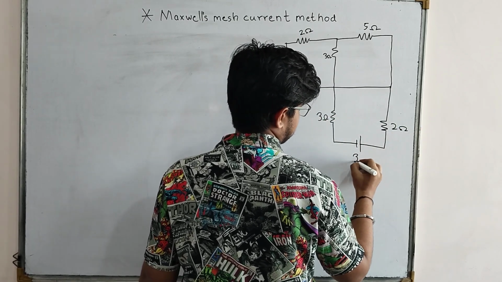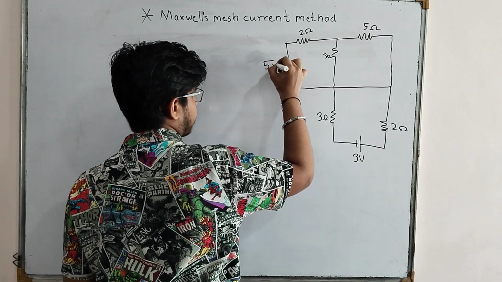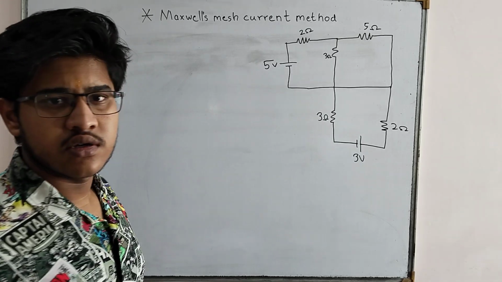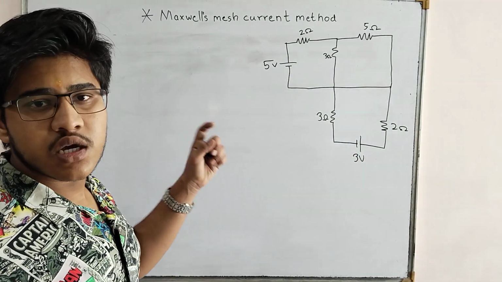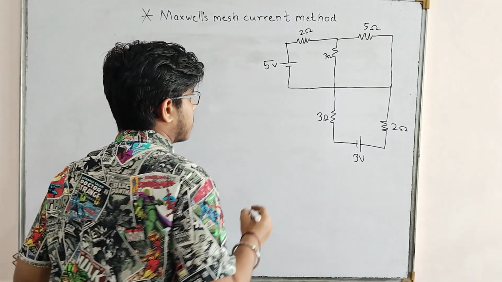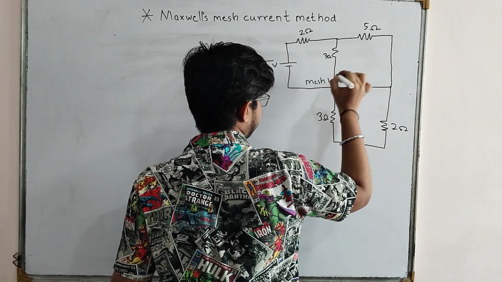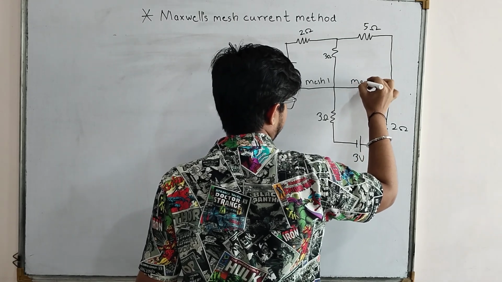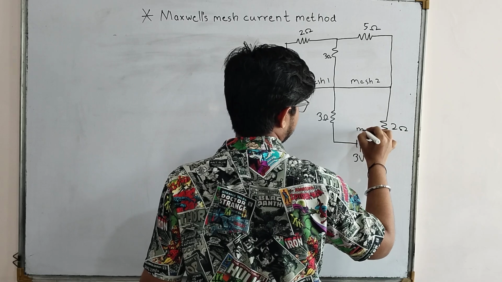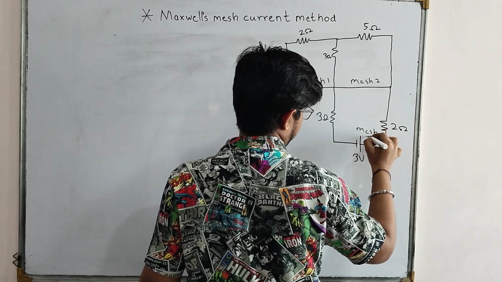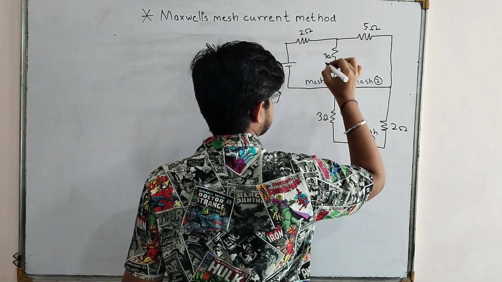This voltage source is of 3 volt supply and this is of 5 volts. So friends, as we discussed in the previous lecture, we can see 3 meshes in this circuit. I will just name them. This is mesh 1, mesh 2, and this will be my mesh 3. I will just circle it so that it will avoid confusion.